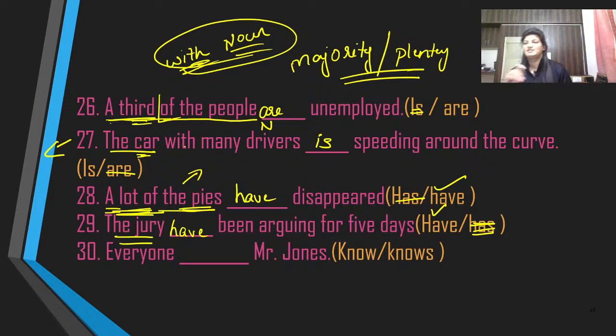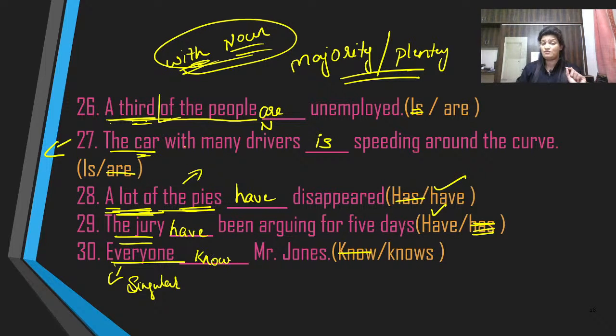All right. Okay, I think this was easy because you have already understood. Everyone is a singular indefinite pronoun. Tanu, everyone is actually a singular pronoun, a singular indefinite pronoun. That's why we use a singular verb.